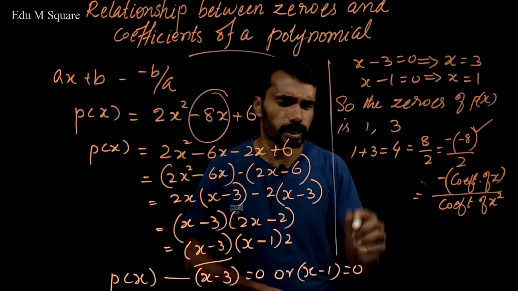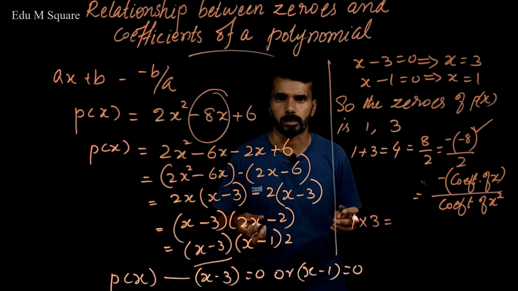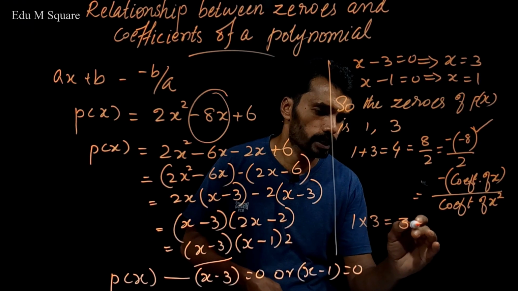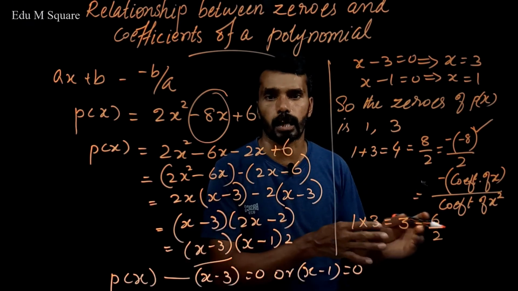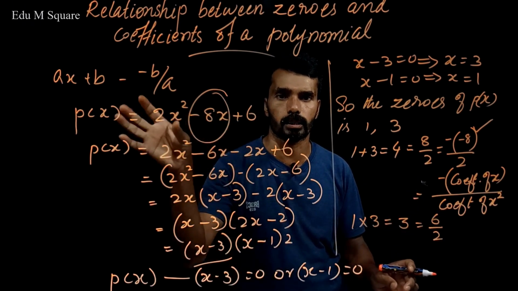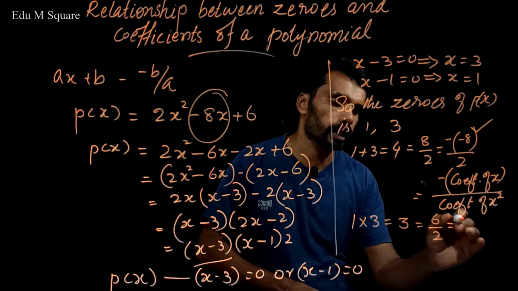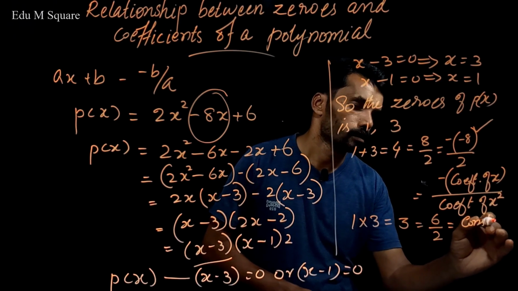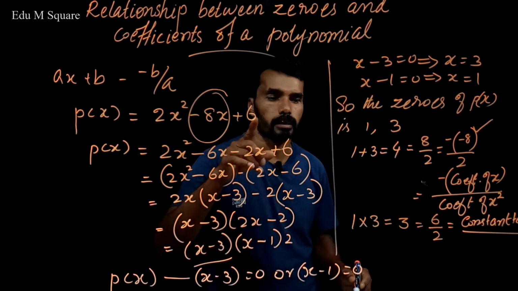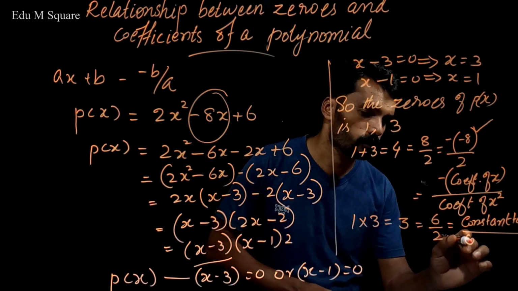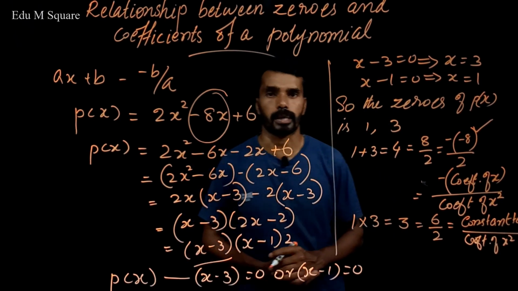Now let us find their product, 1 into 3. The product of the zeros is equal to 3. Now this can be written as 6 by 2. Again let us compare this with the coefficients of the polynomial. 6 is the constant term, and 2 is the coefficient of x square.